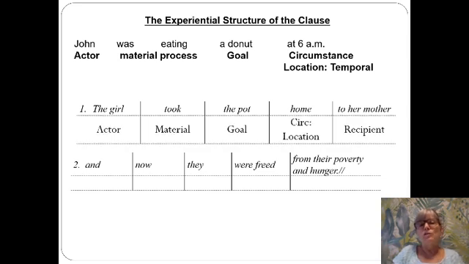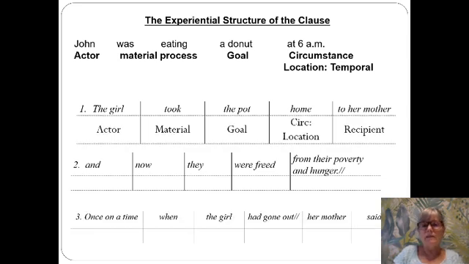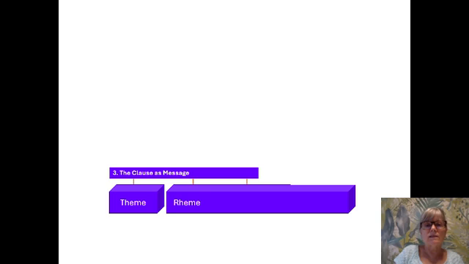So again, you can have a look at that exercise in the materials that are in the Google Drive folder to see if you'd like to give a try to what's happening experientially in these clauses. The final layer, remember we have three, is the clause's message, which is part of the textual metafunction.